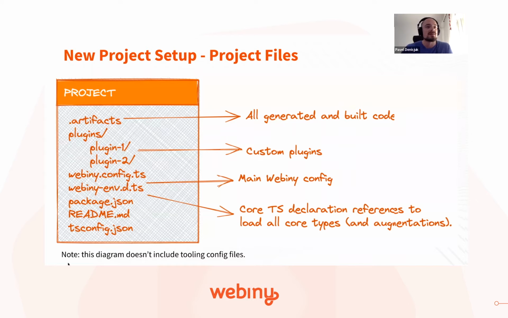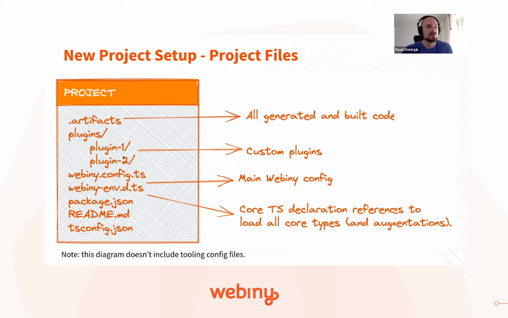And I removed, as the note says at the bottom, this diagram doesn't include tooling config files. Of course, there will be ESLint, there will be Jest configs, probably Babel, all that stuff that we can't really hide, which has to live in the root of the project. But from Webiny perspective, you will pretty much have just one config file. And then if you are developing custom plugins, then you will only have one folder, which is called plugins or whatever you call it.